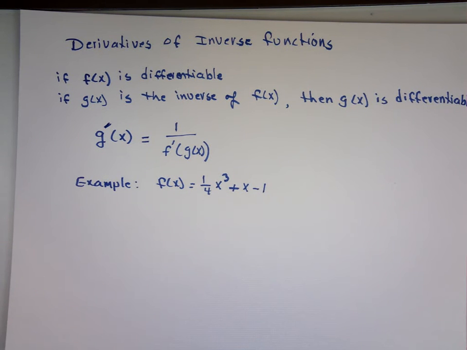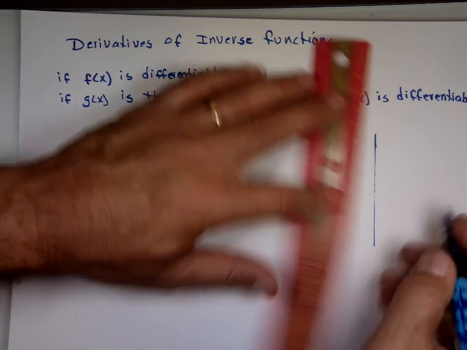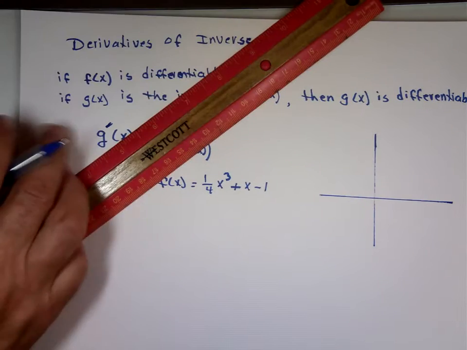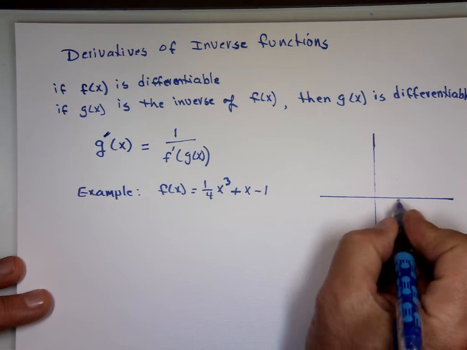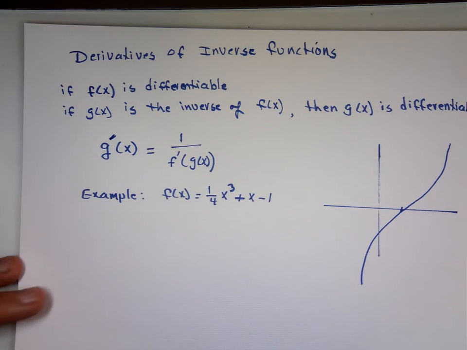If I have a graphing calculator and I graph that, it will look something like this. F of x. X cubed always looks that shape.